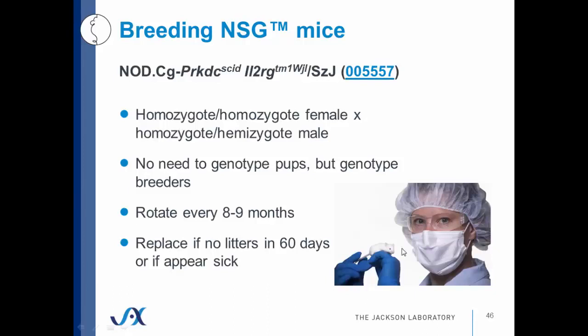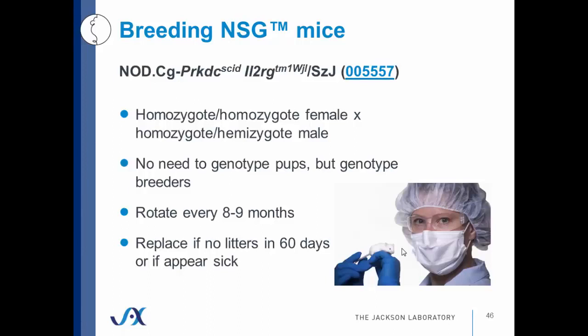And so if you breed homozygous females to hemizygous males, you'll never have to genotype the pups, but we do recommend genotyping the breeders just in case, just to prevent any kind of mix-ups from occurring. We also rotate our breeders every 8 to 9 months, and if you start to see no litters or reduced breeding capacity, we recommend that you replace those breeders.